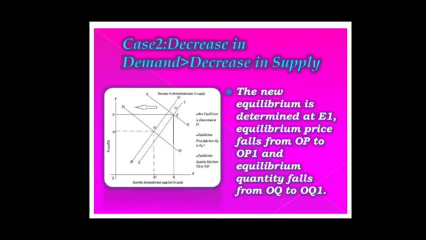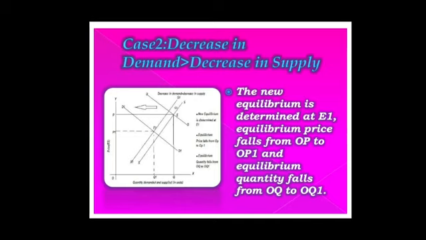Due to decrease in demand, the demand curve shifts leftwards from DD to D1, and due to decrease in supply, supply curve also shifts leftwards from SS to S1. Here in this figure, it is clear that decrease in demand is greater than decrease in supply, as the leftward shift in demand curve from DD to D1 is greater than the leftward shift in supply curve from SS to S1.